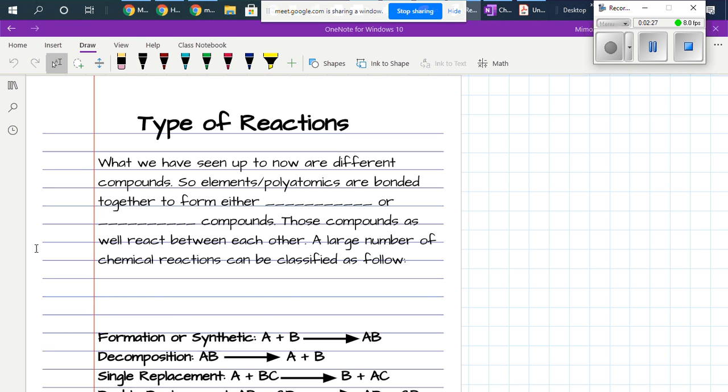However, when we have two non-metals bonded together, the electrons in those types of compounds are shared between each other.